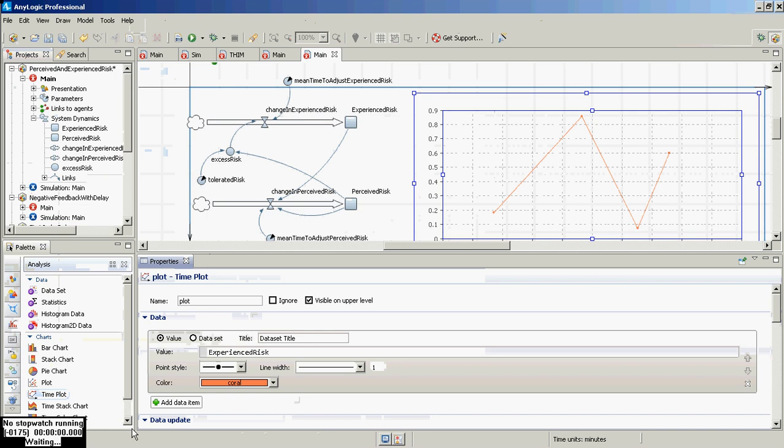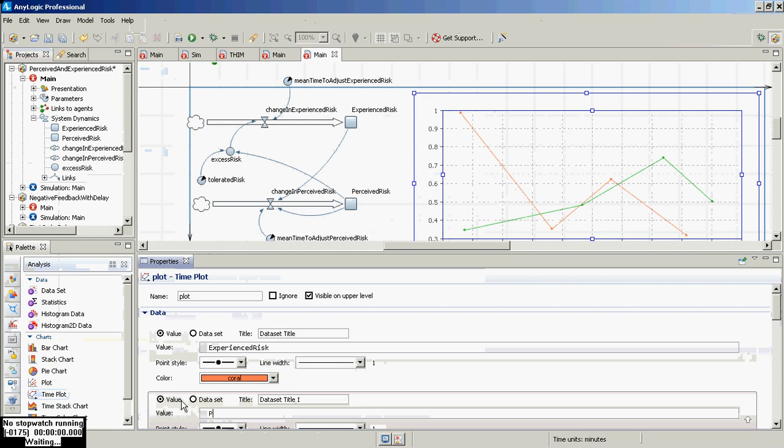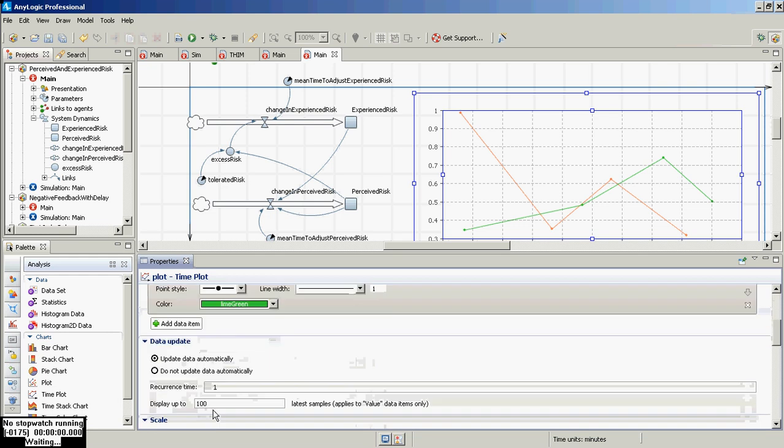And let's plot out experienced risk. And then let's plot out what? Perceived risk. Okay? People comfortable with that? So I did add data item to get this, and I just filled that in. Let's do it again.